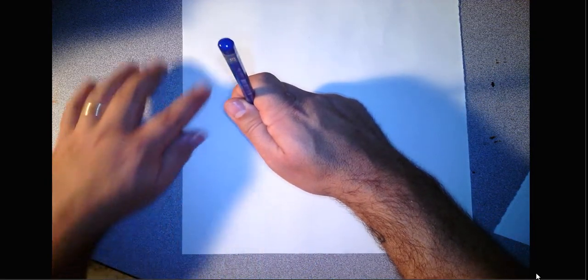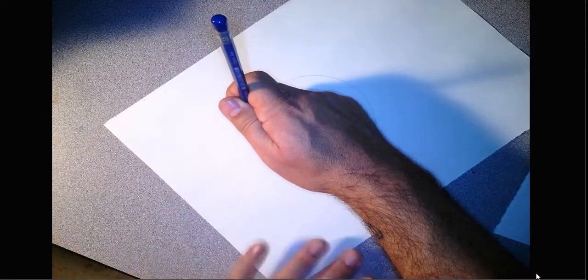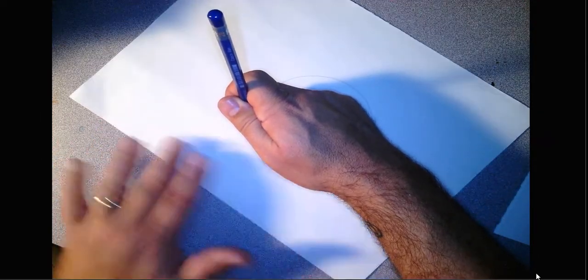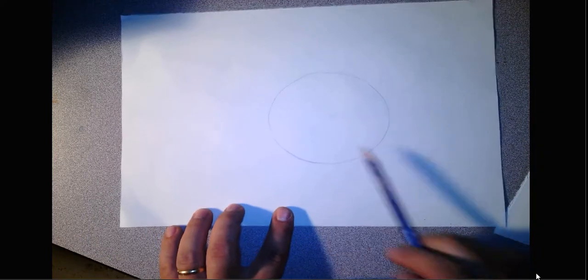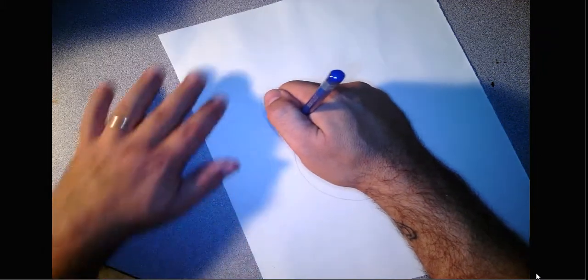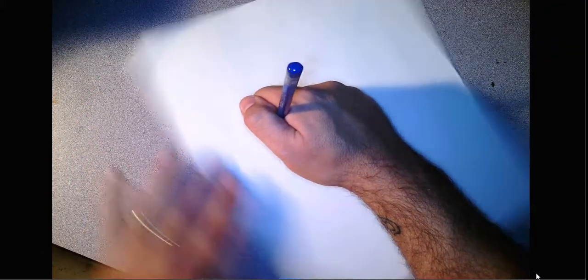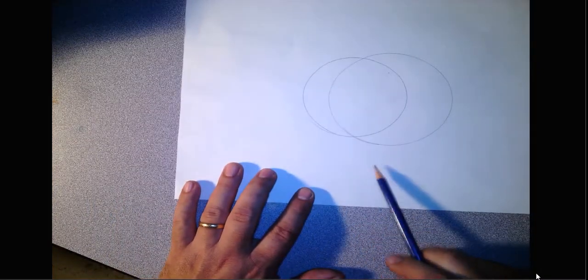Then you put your pencil down like this and just take your paper and spin it around, and as long as you don't move your hands, you've got a perfect circle. That is just straight 100% control of your hand, making sure that you're keeping it nice and still as you spin that all the way around.